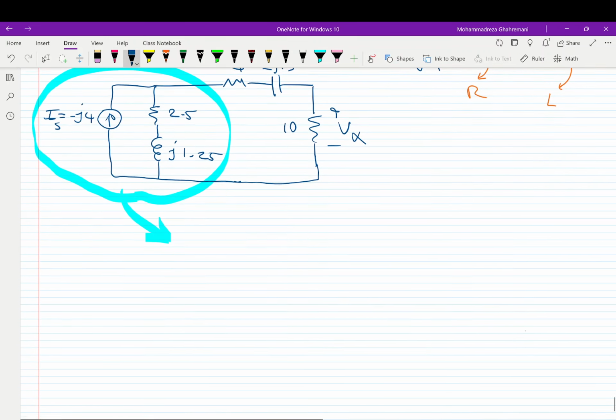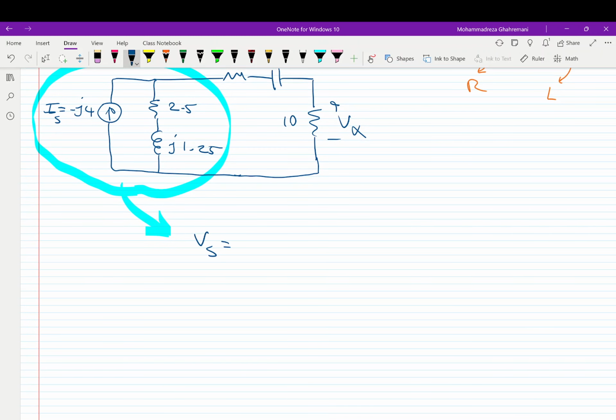We will have Vs equals Is times Z1, which is equal to negative j4 times 2.5 plus j1.25. Vs is equal to 5 minus j10.